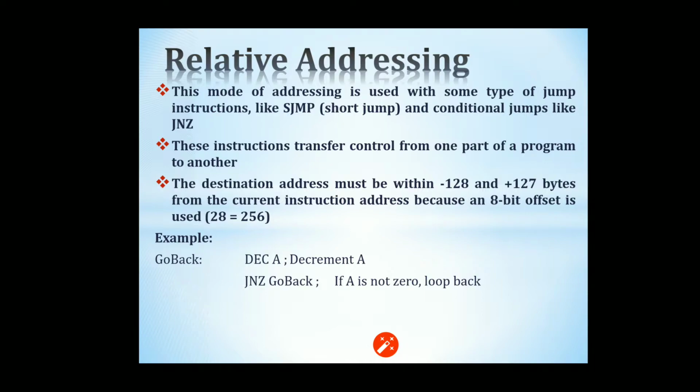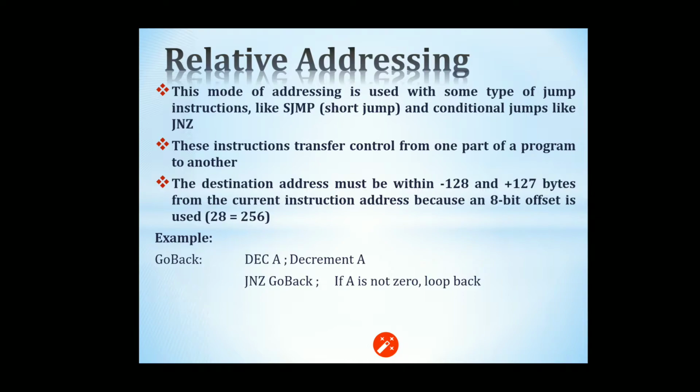Next is relative addressing mode. This mode of addressing is used for some types of jump instructions like short jump and conditional jump. For example, SJMP and LJMP. These instructions transfer the control from one part of a program to another part of the program. The destination address must be within -128 to +127 bytes from the current instruction address because an 8-bit offset is used, that is 2^8 equals 256.